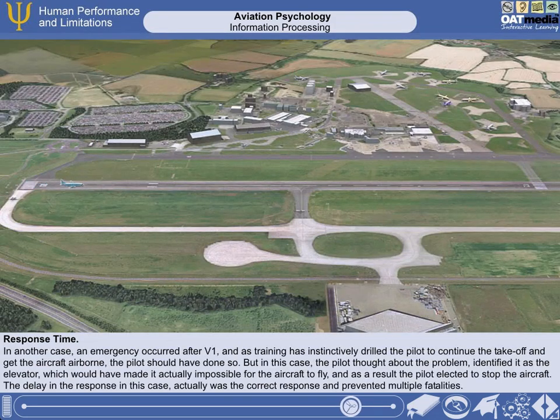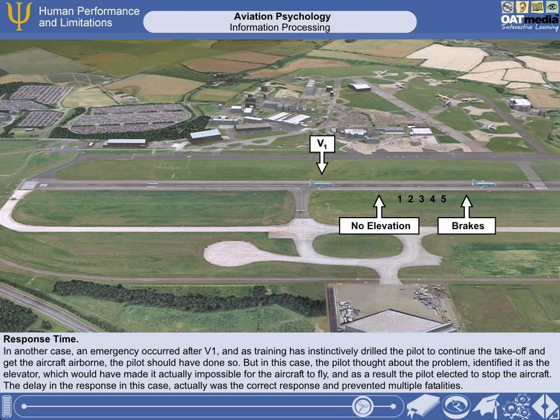In another case, an emergency occurred after V1, and as training has instinctively drilled the pilot to continue the takeoff and get the aircraft airborne, the pilot should have done so. But in this case, the pilot thought about the problem, identified it as the elevator, which would have made it actually impossible for the aircraft to fly, and as a result the pilot elected to stop the aircraft.